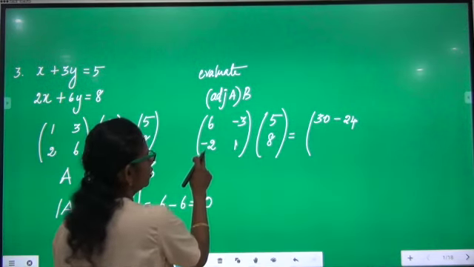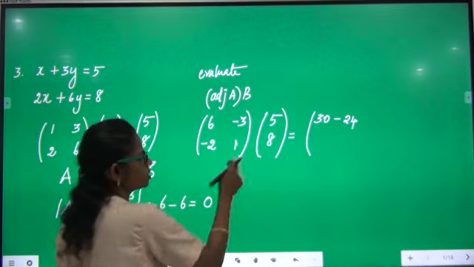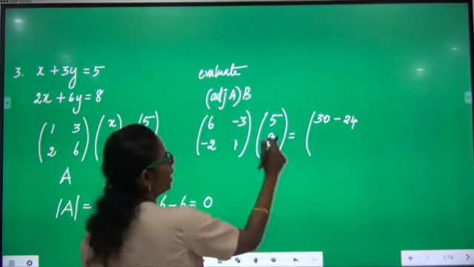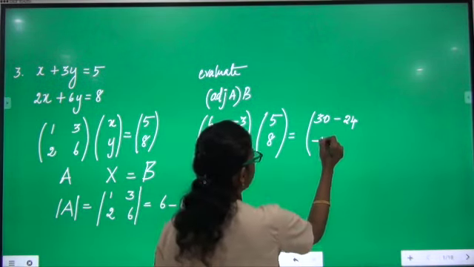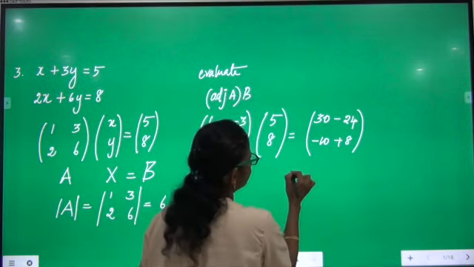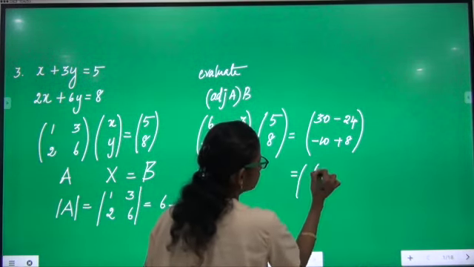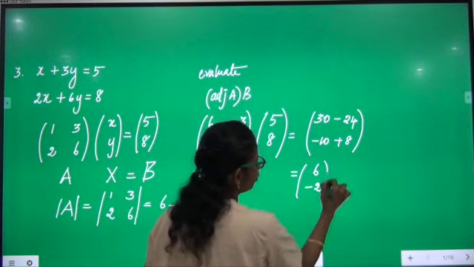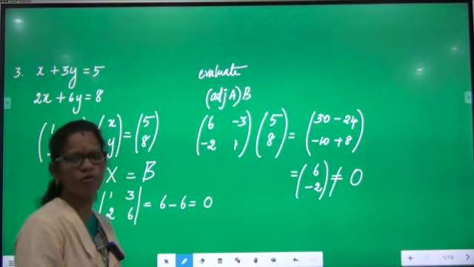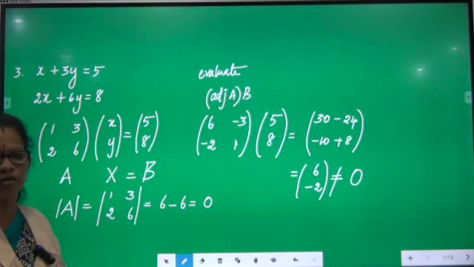Next, second row, first column, what you will get? Minus 10 plus 8, which is equal to 6, minus 2. Definitely it is not equal to 0.